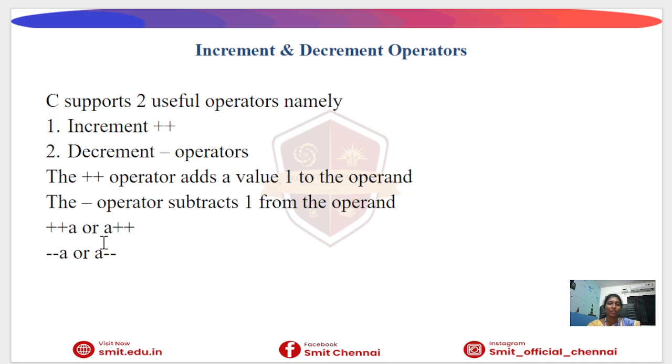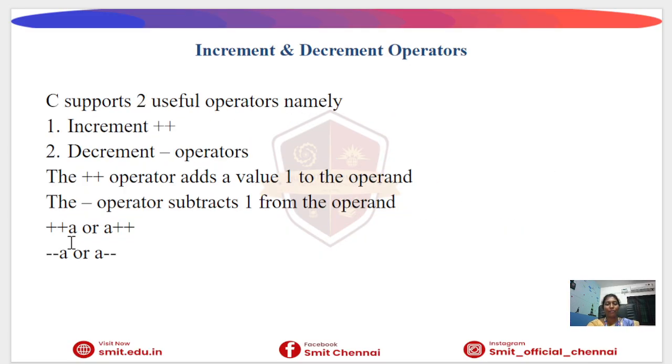The prefix is plus plus a and the postfix is a plus plus. What is the difference? The prefix plus plus a indicates the value increases first, then is used. The postfix a plus plus indicates the value is used first, then increases. These are the differences between these two.